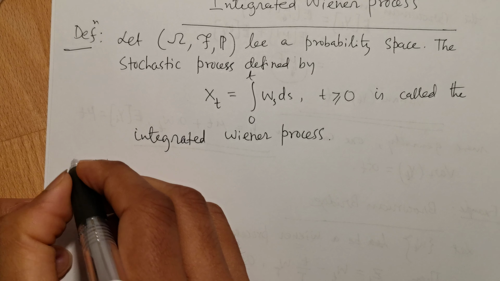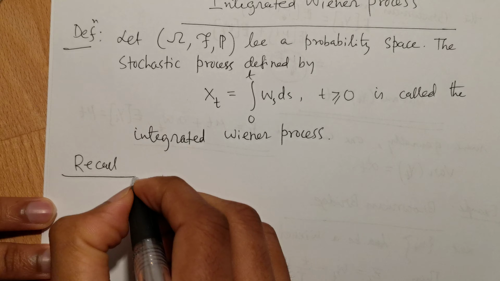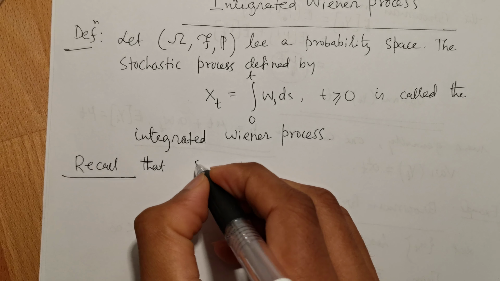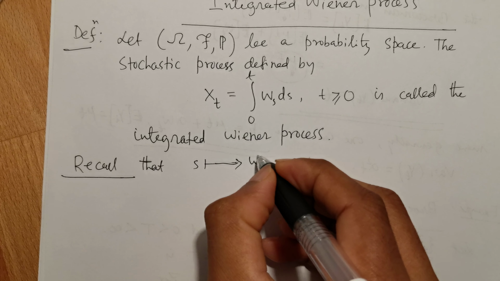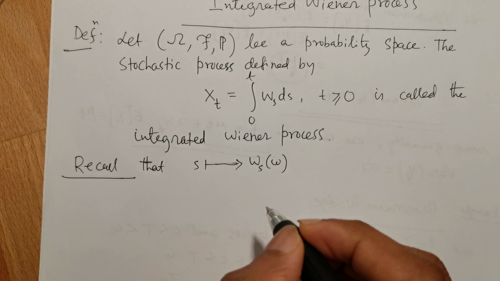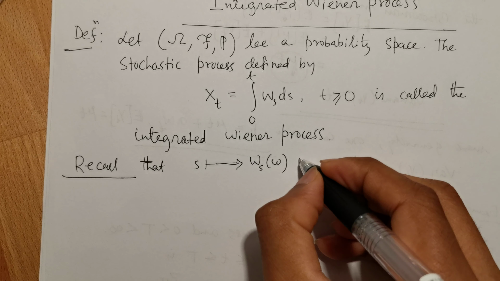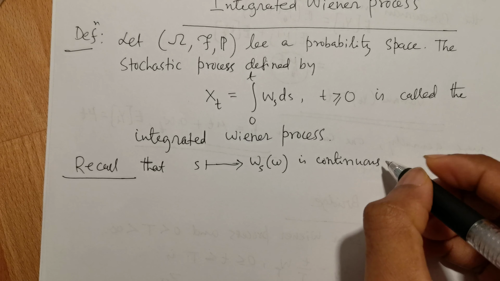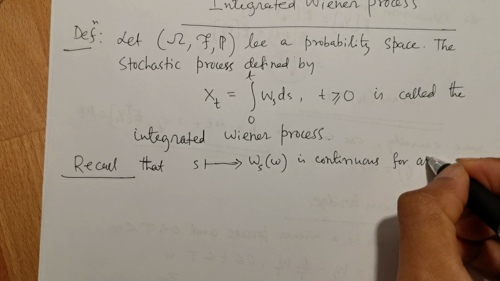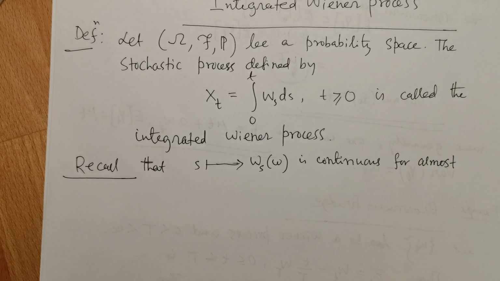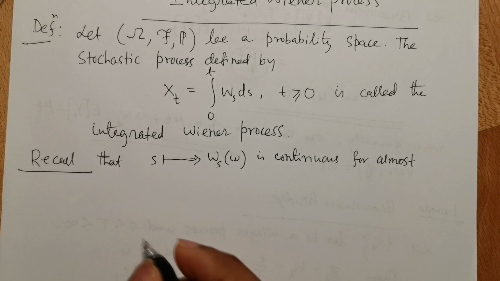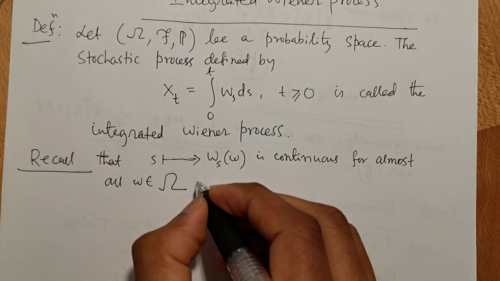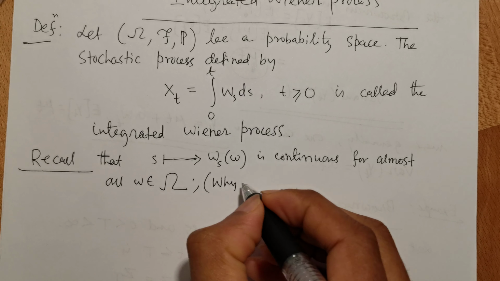So recall that from the property of the Wiener process, s goes to Ws at omega is continuous for almost all omega in Omega, right? Why?